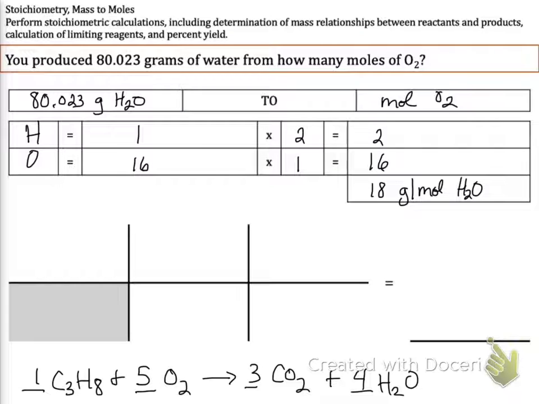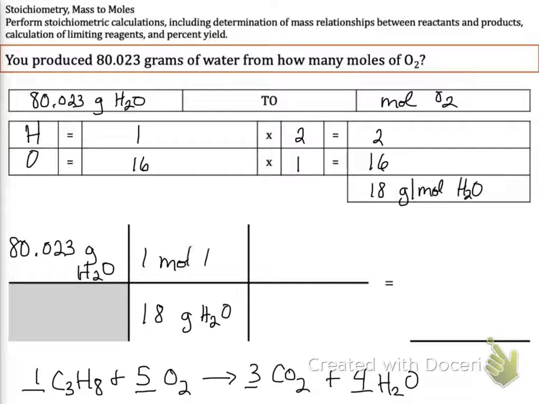I'm going to start by writing down my given, 80.023 grams of water. And I need to convert grams of water into moles of water using my molar mass. So there are 18 grams of water in 1 mole. And next I need to use my mole ratio to turn moles of water into moles of oxygen. I'm using my coefficients from the balanced equation.